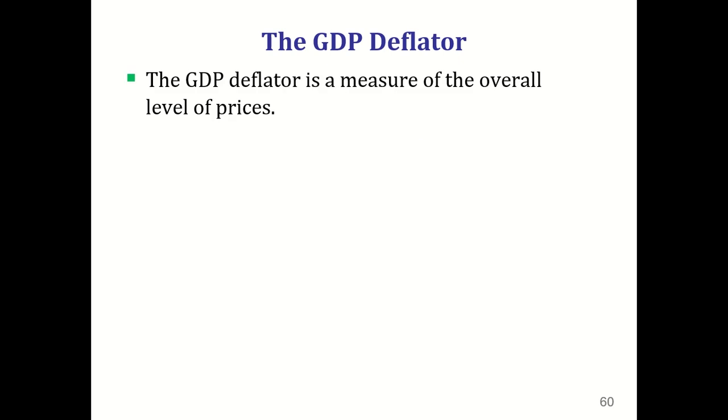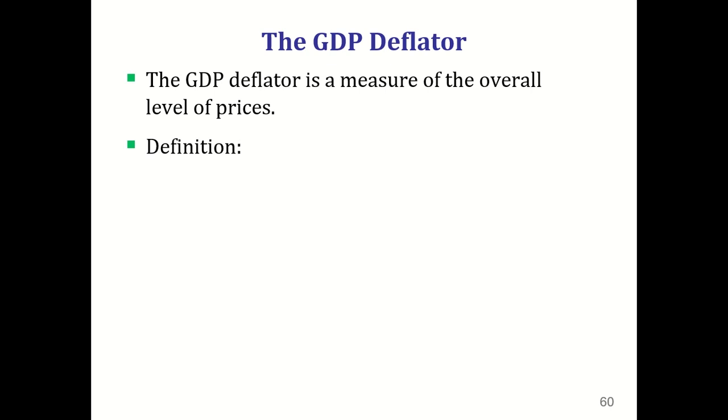Because we are measuring the GDP using today's prices when I am using nominal GDP, and we are measuring real GDP using a base year price, then certainly one way to look at these two GDP measures, the nominal GDP and real GDP, is to use them to get an indicator of inflation or the price rise in the economy. Now, formally, the GDP deflator measures the overall level of prices with regard to the base year.